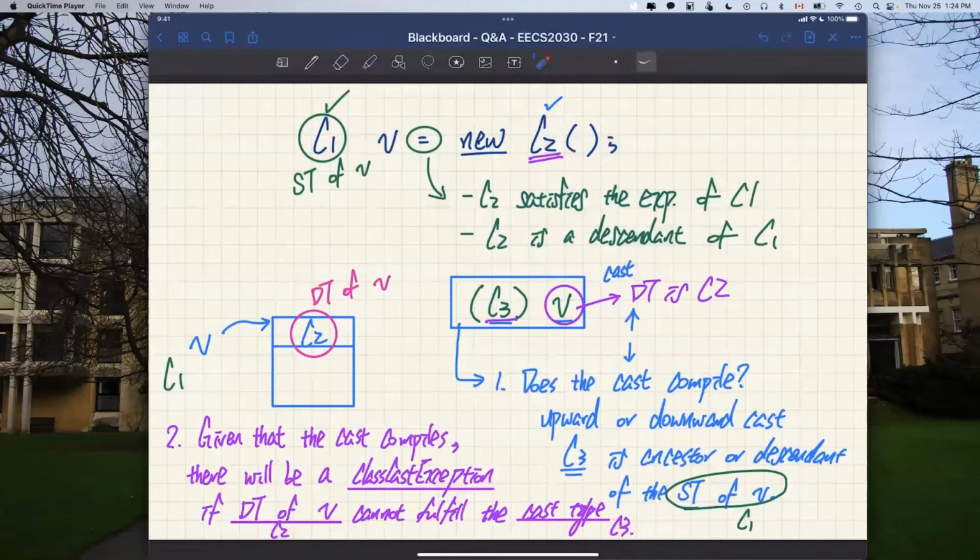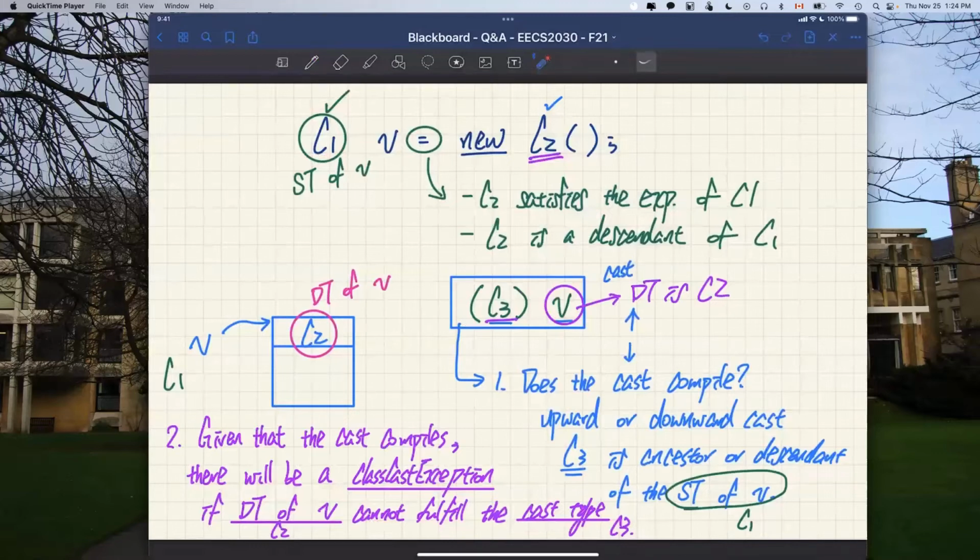Does it help? Did it clarify? Yeah, I have a question about that though. Which part? You know how we can upward or downward cast, right? If you upward cast, that means the expectations go down on what you can use, right? So I'm just trying to relate that idea to when you cast a dynamic type.